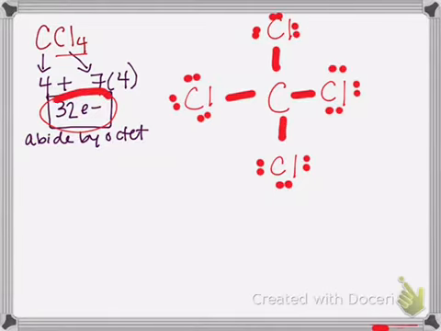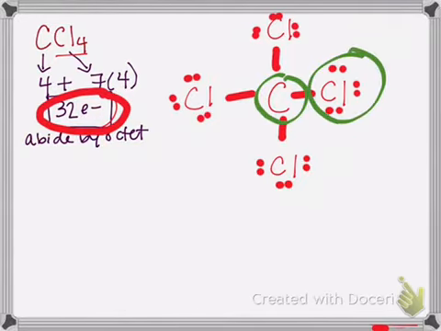Just like that, I have abided by the 32 electrons that should be in this structure. In looking at each atom, carbon has an octet, chlorine has an octet, this chlorine has an octet, 2, 4, 6, 8. Everybody has an octet, so we are sitting really pretty right now.